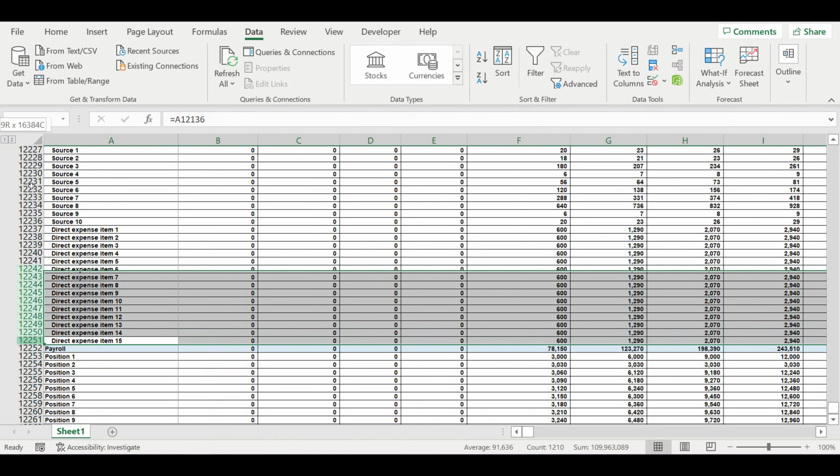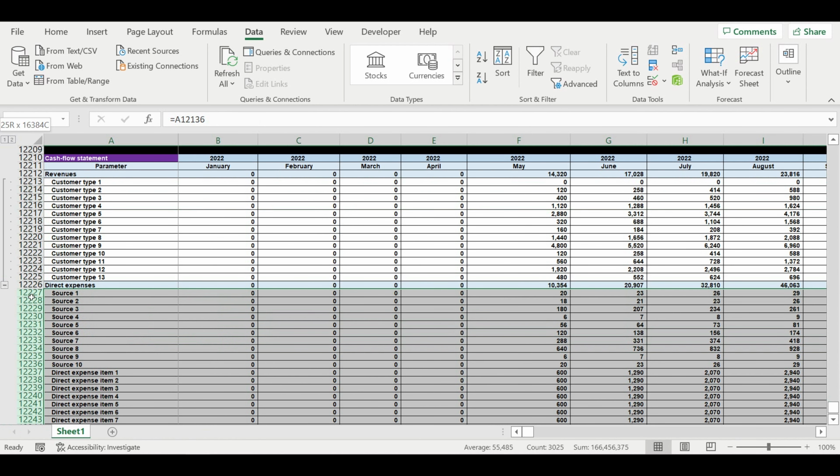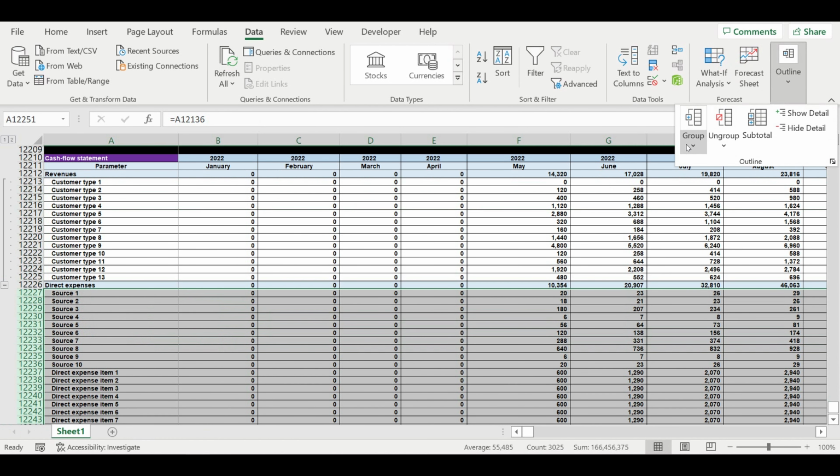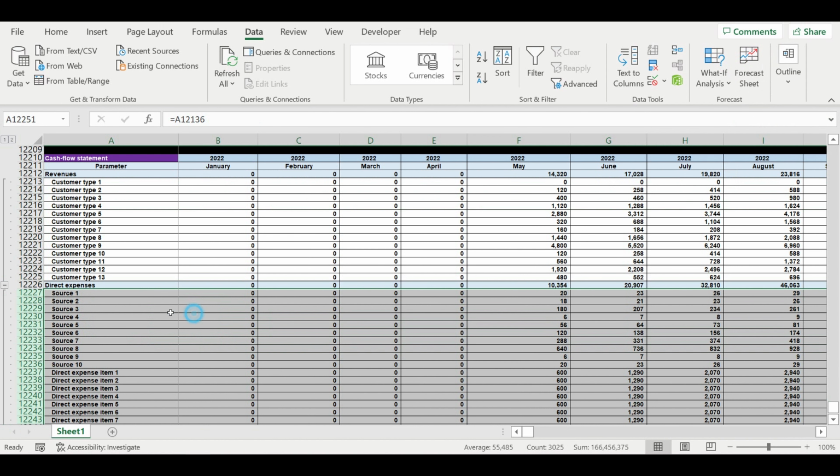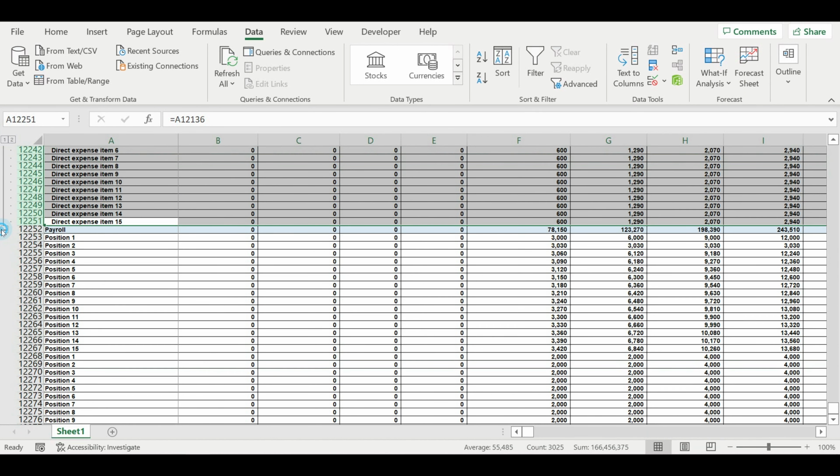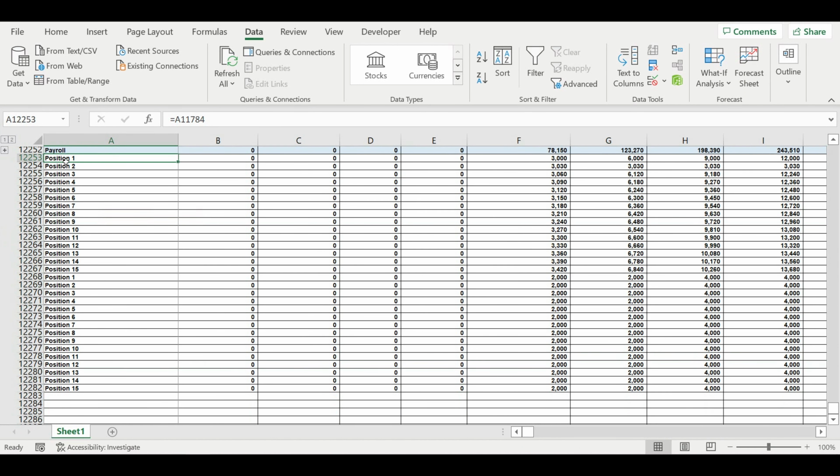So we are grouping direct costs, so the next block will be fixed costs.